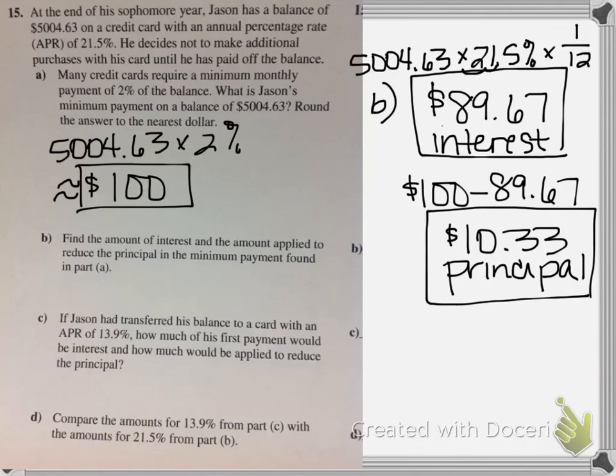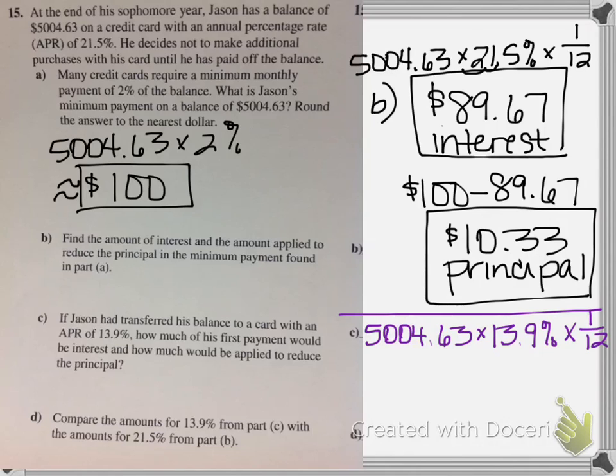So now part C. Part C is saying, well, what if Jason transferred his balance to a lower interest rate card? We would go through the same process. So instead of 5,463 times 0.215, we would take 5,463 times 13.9% times 1/12.